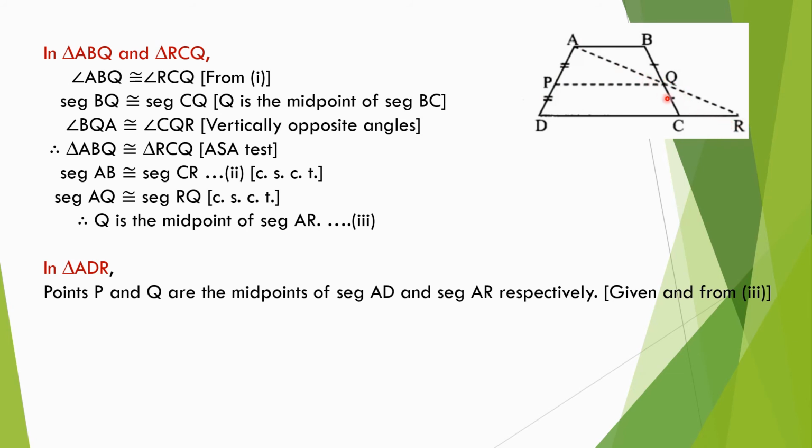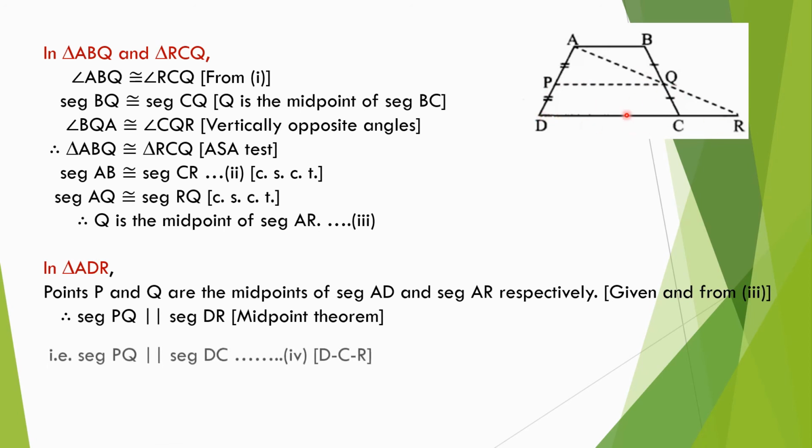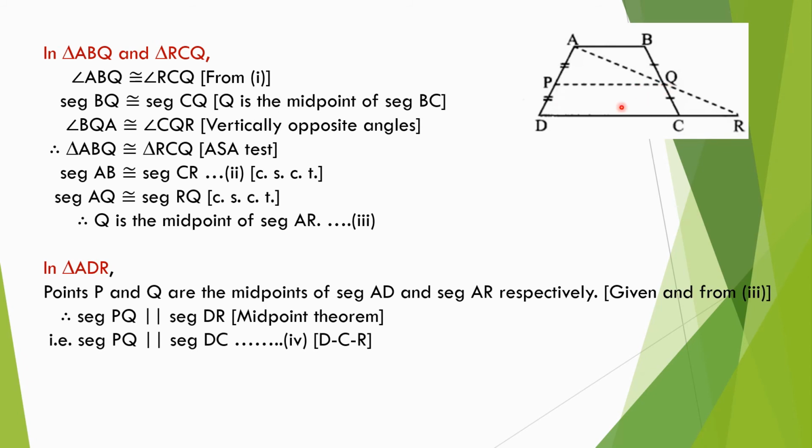And therefore, by the midpoint theorem, segment PQ parallel to segment DR. And therefore, segment PQ parallel to segment DC because D-C-R. That is equation number 4. But it is given that segment AB parallel to segment DC. That is the equation number 5.